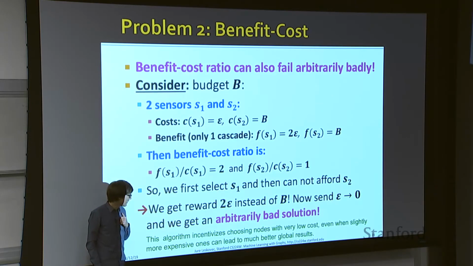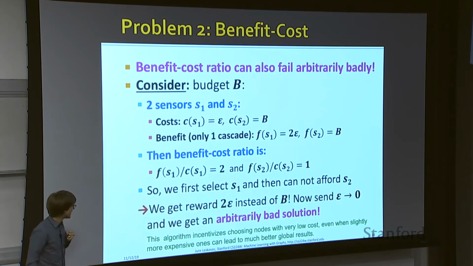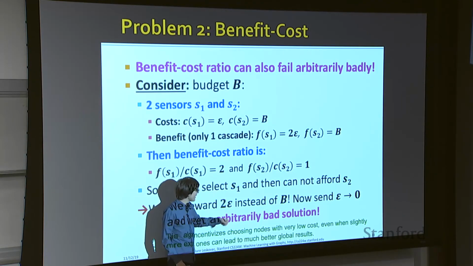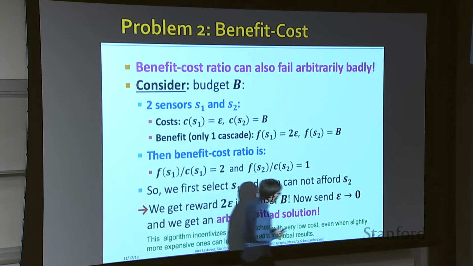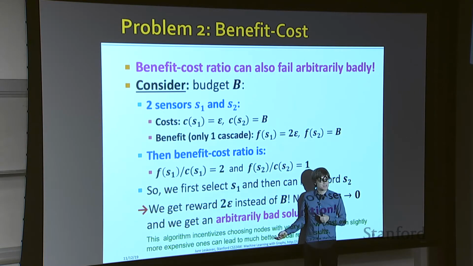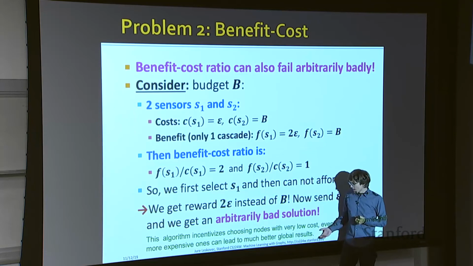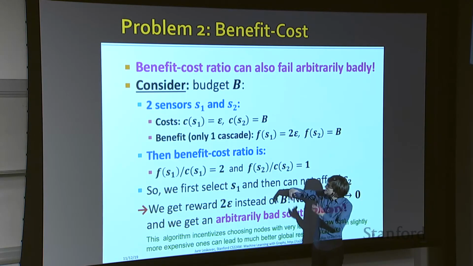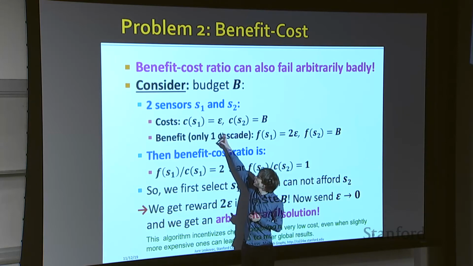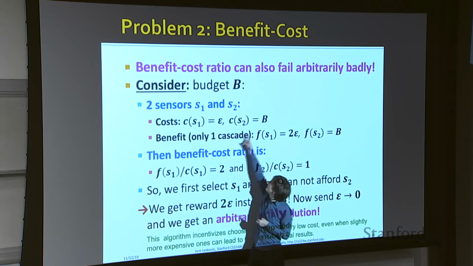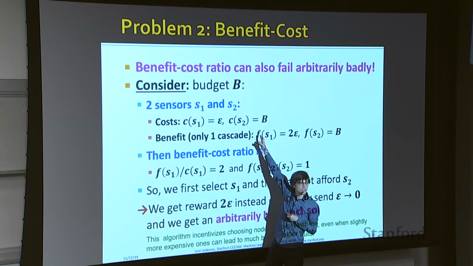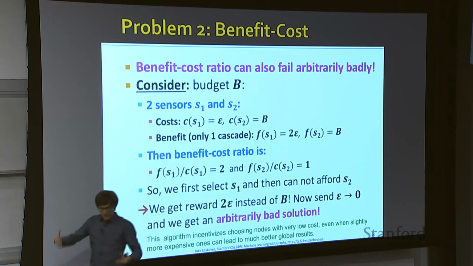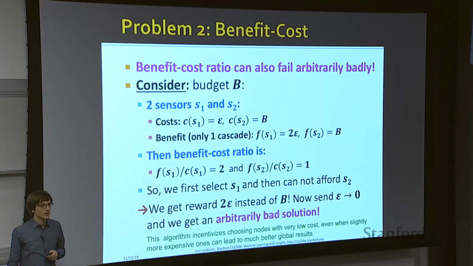The point here is that this algorithm incentivizes choosing nodes with very low cost, even when a slightly more expensive sensor can lead to a much better global result. So this is intricate because it gets me to spend just a bit of money so that I cannot afford this big sensor anymore. And overall, my benefit is much lower than it could be.